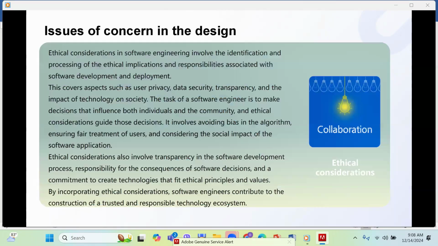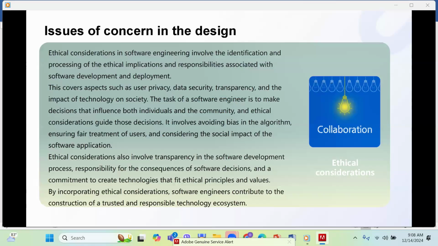Ethical considerations in software engineering involve the identification and handling of the ethical implications and responsibilities associated with software development and deployment. This covers aspects such as user privacy, data security, transparency, and the impact of technology on society. The task of a software engineer is to make decisions that influence both individuals and the community, and ethical considerations guide those decisions.